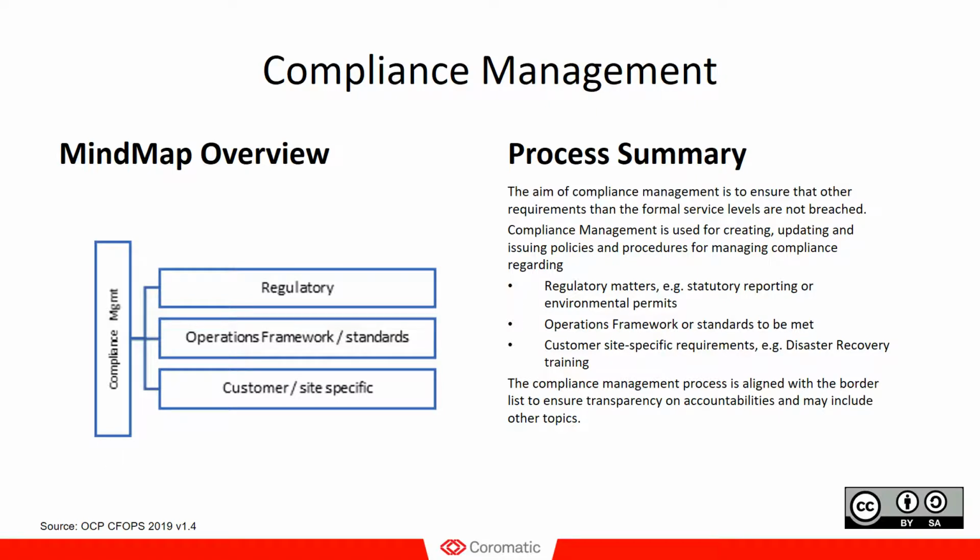A very simple example would be that there is a requirement that once every 10 years the power distribution systems need to be reviewed by an independent third party, and that report needs to be sent in to the appropriate authorities for registration and approval.